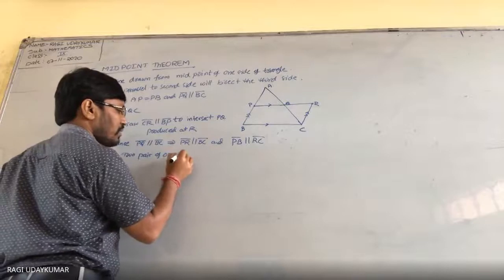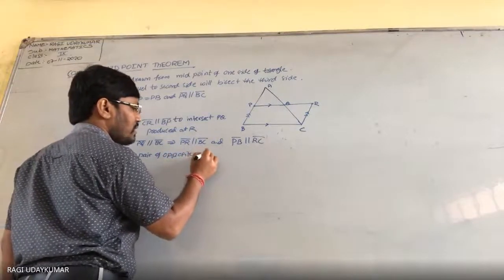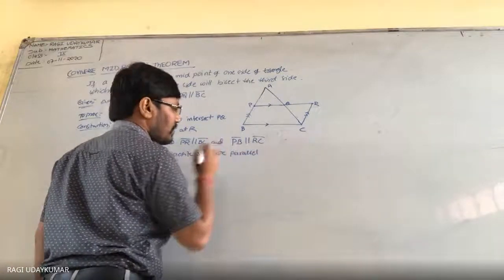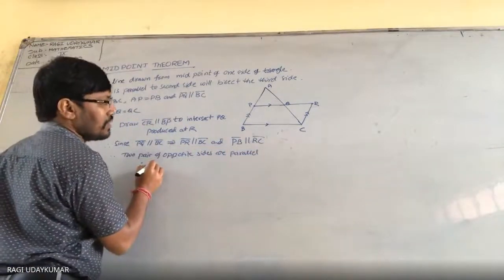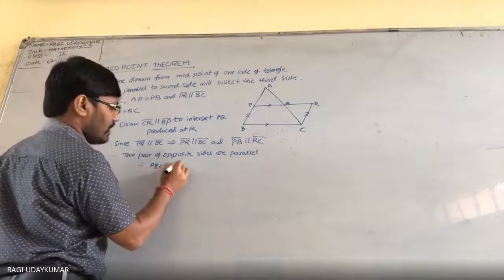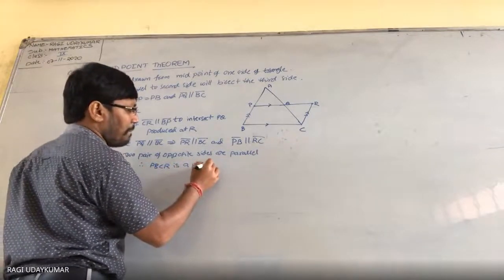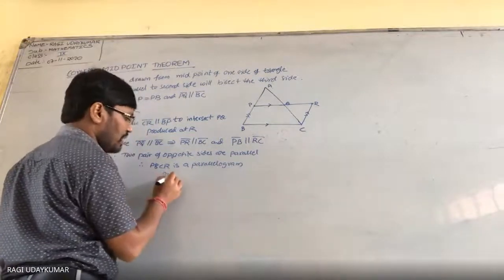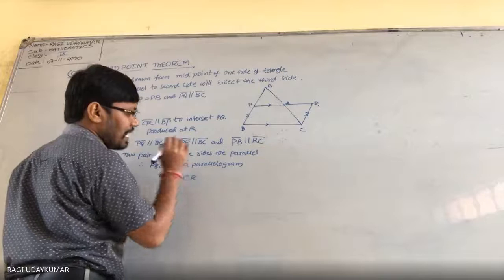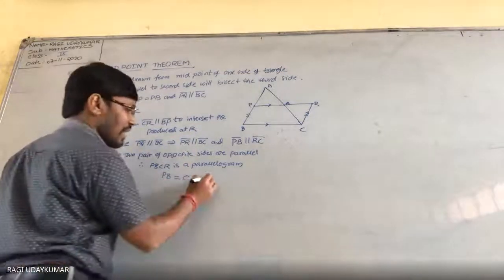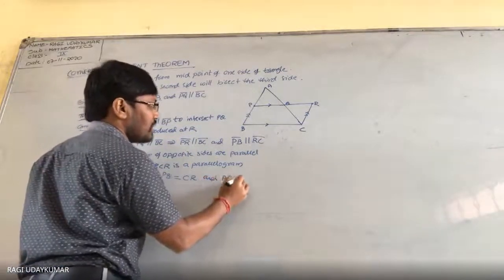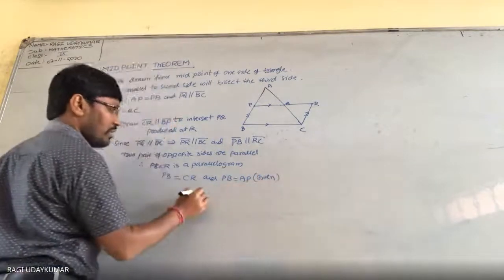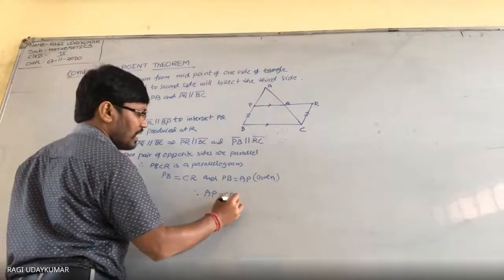Therefore, you can say that PBCR is a parallelogram. So, therefore, you can say from this PB is equals to CR and PB is equals to AP. This is given. Therefore, AP is equals to CR. You keep it aside.